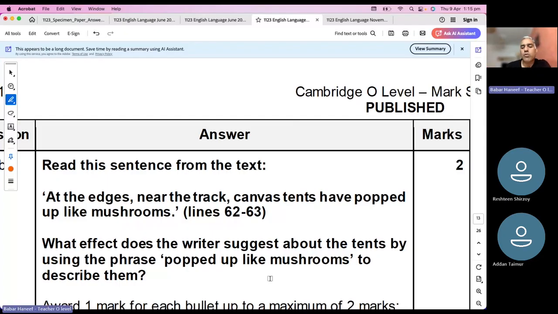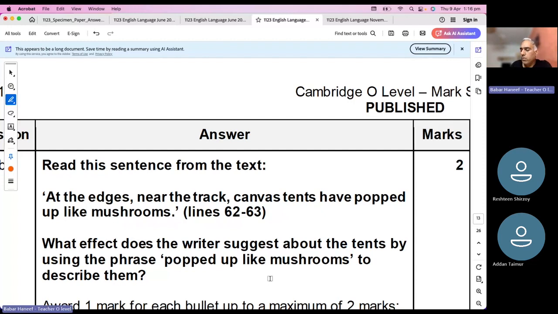Popped up like mushrooms. So how do things pop up? Do you know what mushrooms look like? They have an umbrella.